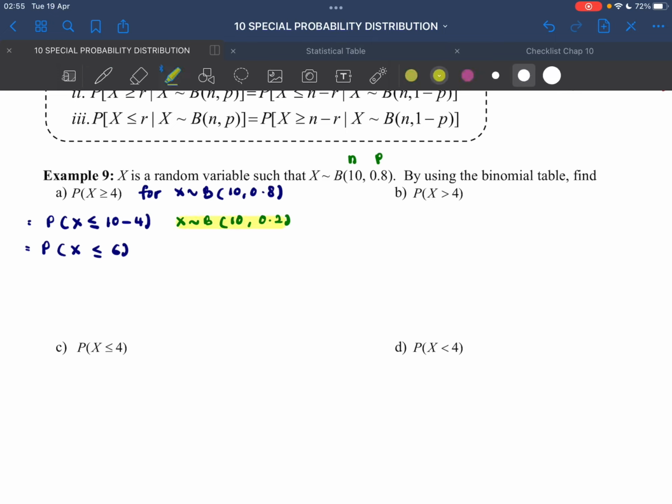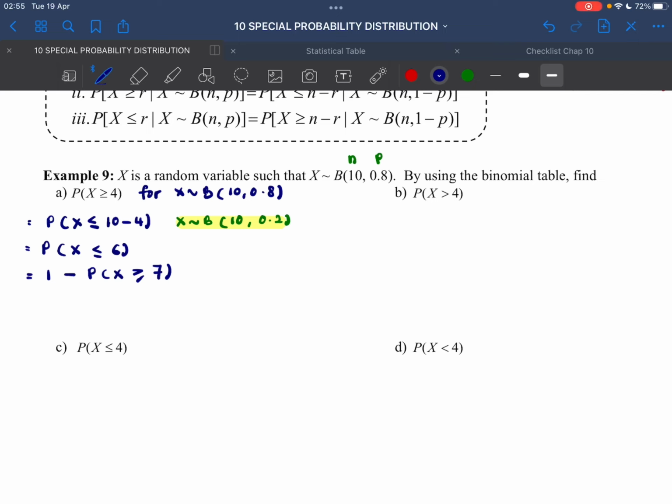So now we want to see the table. We have n equals 10, p equals 0.2, but we cannot find this by using the table because it has to be greater than or equal. So we change this into 1 minus P(X greater than or equal to 7), we pick the one next to it, 7. Right, so by this point you should know how to change your probability.